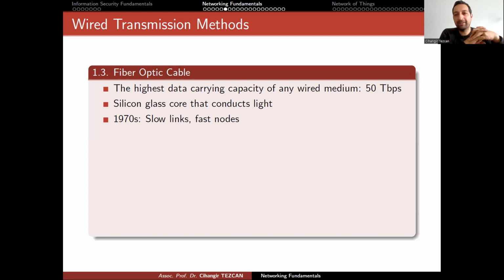We had 56 kilobits per second. And this is not really old history. I'm talking about my childhood. During the 1990s, we connected to the internet using 56 kilobits per second, and this was the theoretical upper bound that you can use with your dial-up modem. And 56 kilobits actually means like 7 kilobytes per second. So it is really slow, but computers were faster than that in the 1990s.